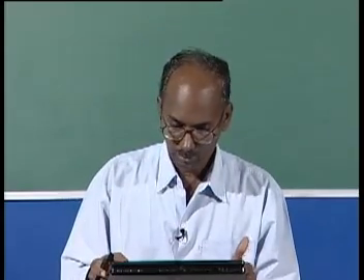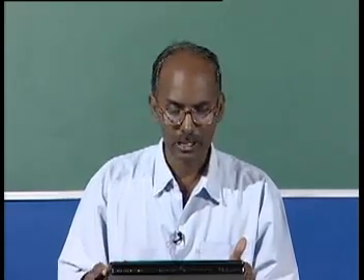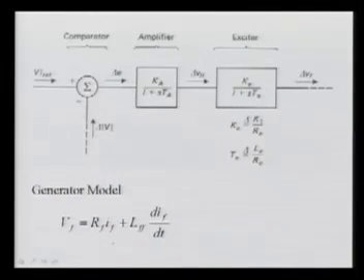Now, another major component in this AVR loop is the generator. We modeled the amplifier, after the comparator, as an amplifier gain Ka upon 1 plus sTa. Again, this Ka depends upon which type of amplifier you are using.